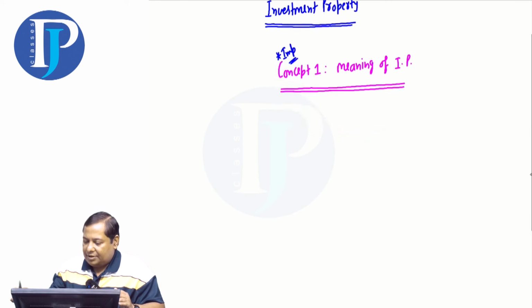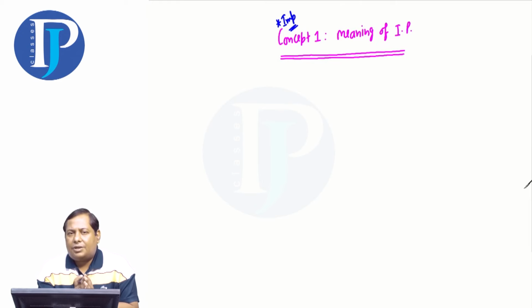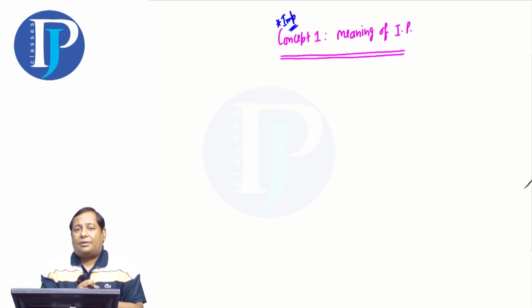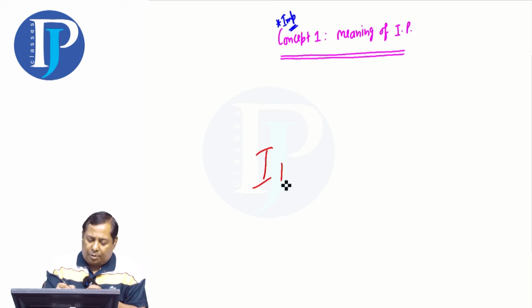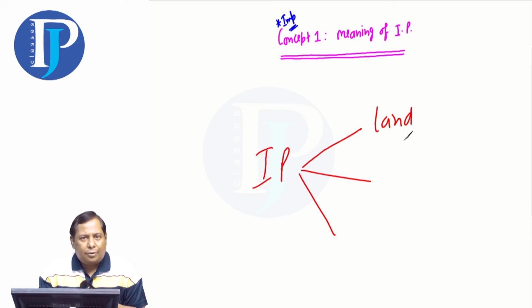So the first thing is, what is the meaning of investment property? What is this Ind AS about? They have explained to us the meaning of investment property. It can be a land.